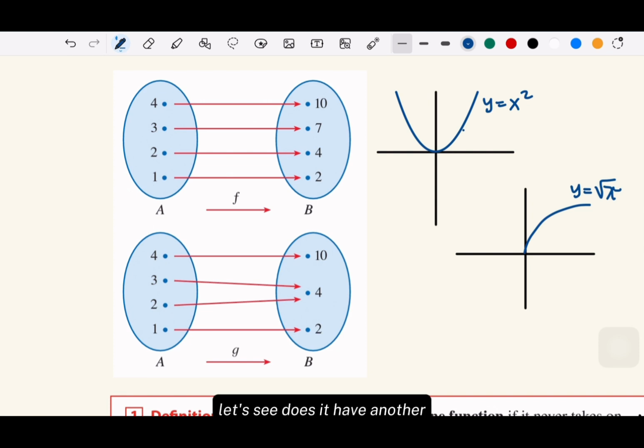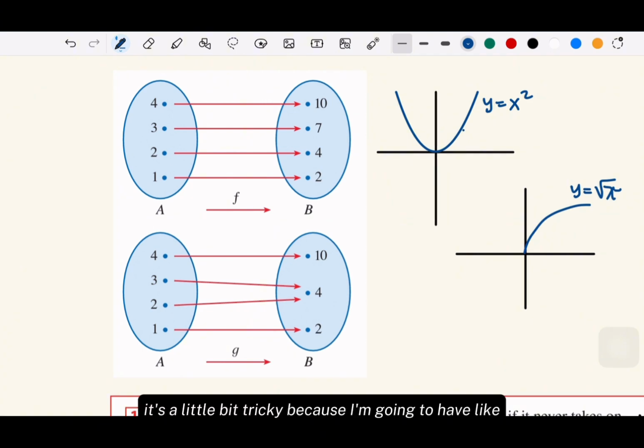But see, does it have another curve here? No, right? So what we can do to make this an inverse is restrict the domain. Okay, we restrict some domain, and that's why we can have it. Okay, I hope you get it.